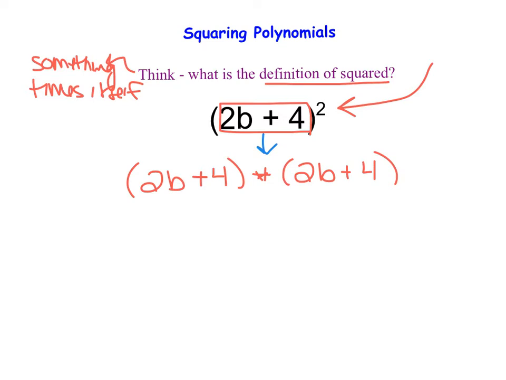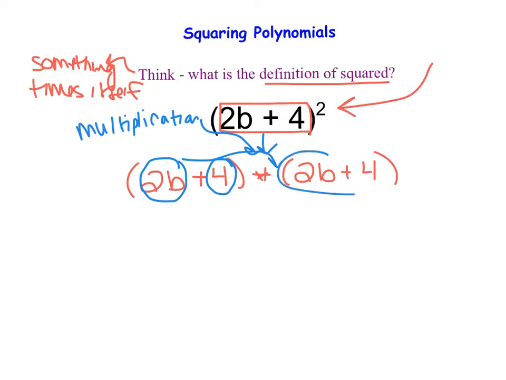And once we see this, we know that we can apply the rules of multiplication of polynomials to this particular problem. So now we're going to take 2b plus 4 times 2b plus 4. And here we're going to use that big distribution strategy that we talked about previously. We're going to take each term in the first parenthesis and multiply it by each term in the second.